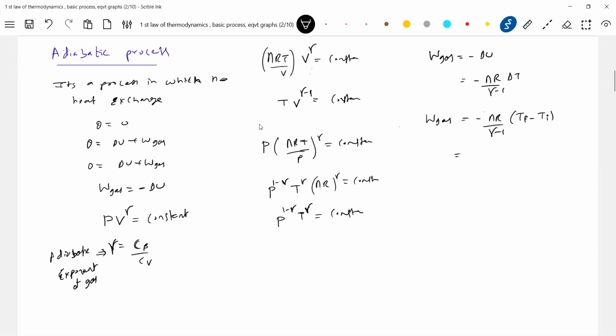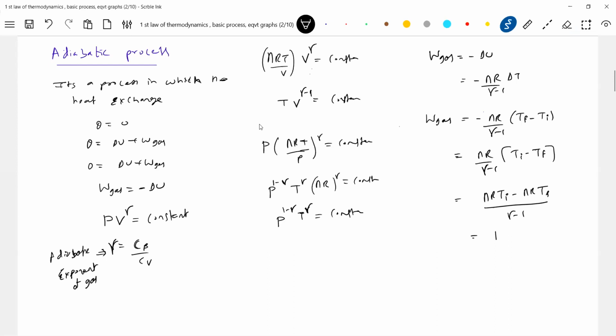This can also be written as nR by gamma minus 1 into Ti minus Tf. So nRTi, nRTf, divided by gamma minus 1.